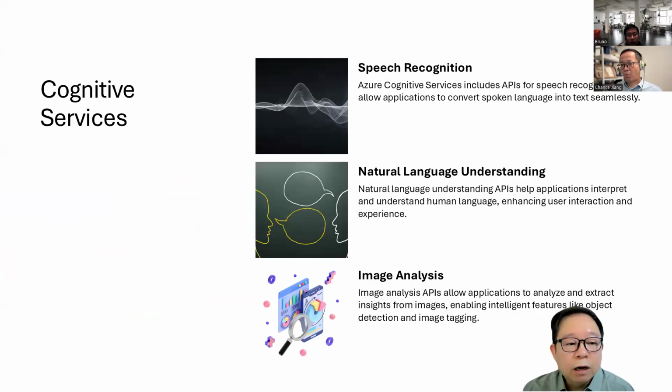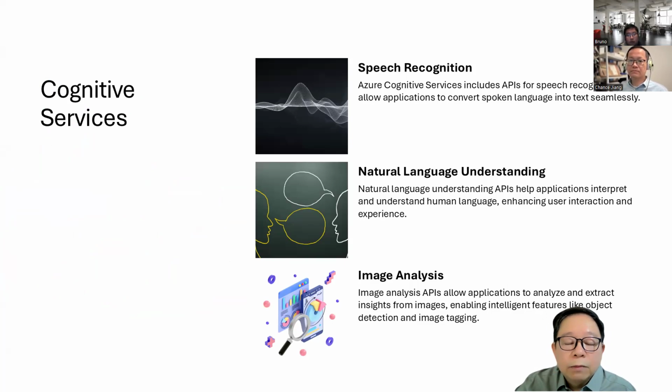Okay, so let's look at the cognitive services that we just mentioned, right? It's very interesting. I imagine that every application right now will have all these features built in. That will make your business application very powerful. The first one is speech recognition, right? Azure AI provides a suite of application program interfaces we call APIs.